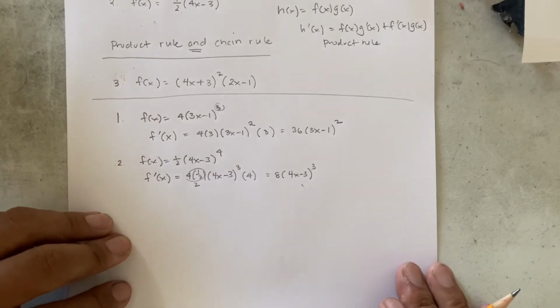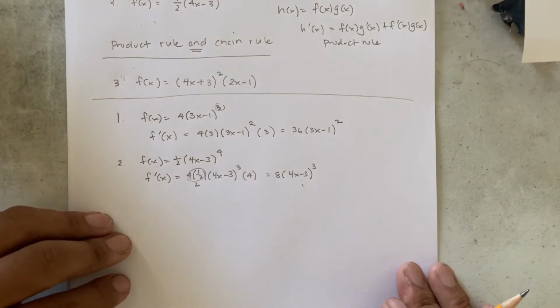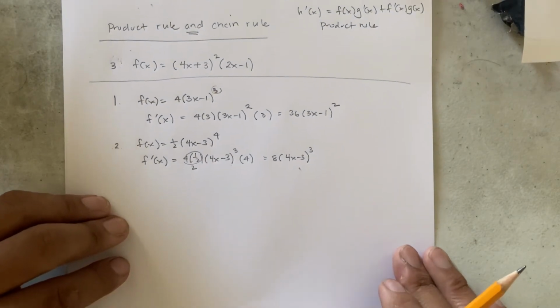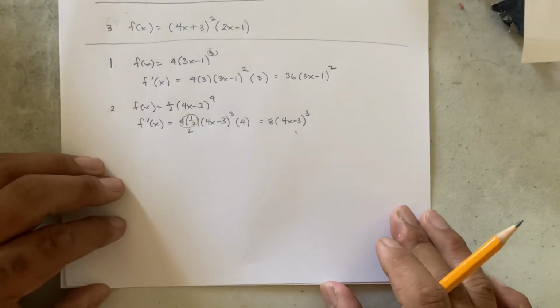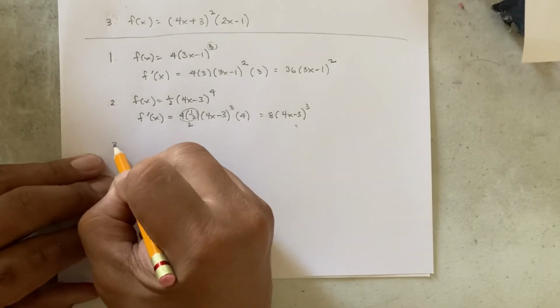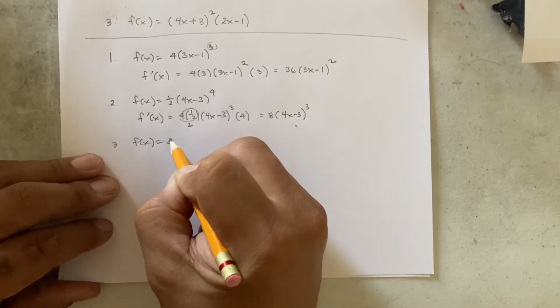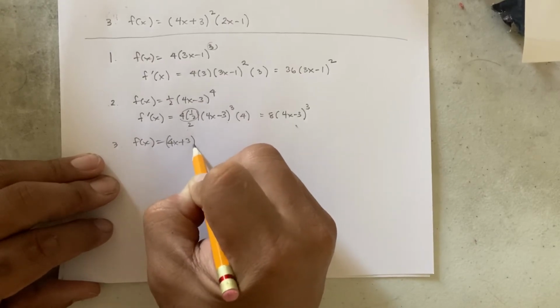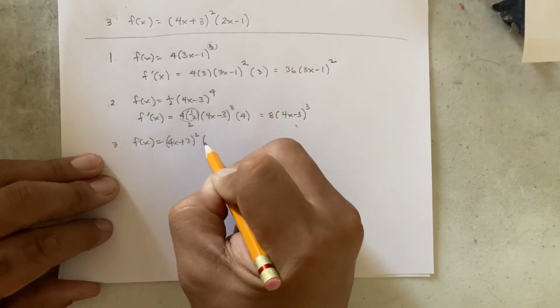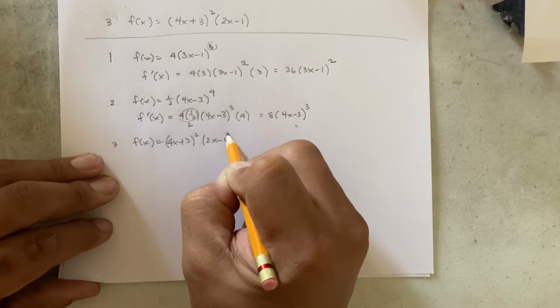And the third one, we're going to combine the power rule, chain rule, and product rule. So I'm going to lift this up. We have f of x equals the quantity 4x plus 3 squared times the quantity 2x minus 1.